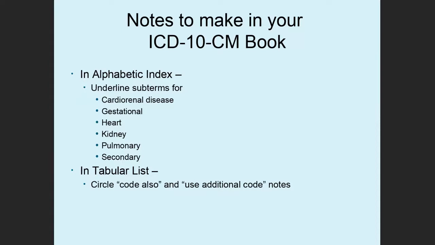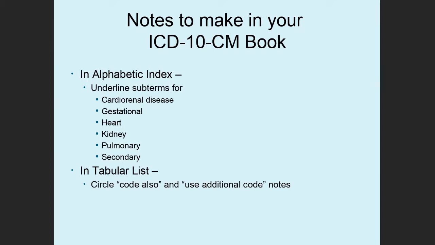So it's very important to mark up your book. Make notes in your book. Make this stuff easy to find. There is no way you can remember all the guidelines, and you also want to be able to find these quickly by underlining some of the subterms, so it'll take your eye to that space without going through the whole list.